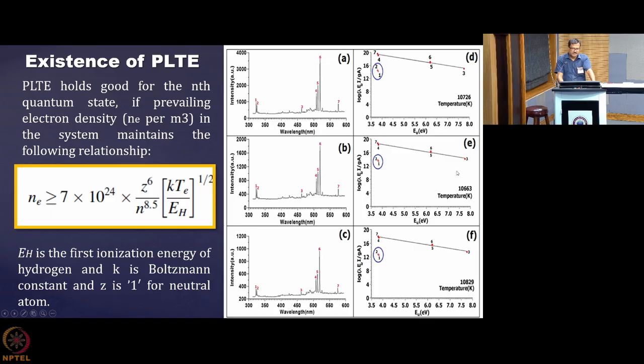In this plot you see the increasing energy of the upper states, and this is the quantity that we plot on the y-axis of the Boltzmann plot. When you plot this, the transitions that involve upper states at higher energy levels do not create any problem. They all fall as per the Boltzmann rule.